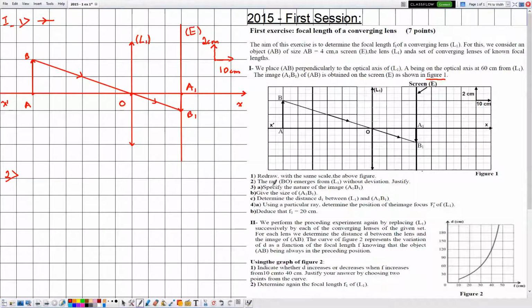Now in number 2 they are telling me the ray BO emerges from L1 without deviation. Justify. Since the ray BO is passing through the optical center, then it will emerge without deviation.